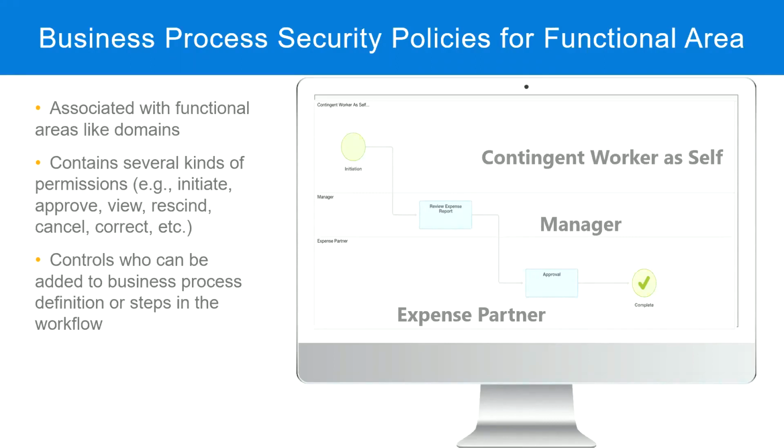So first, we have to go to the security policy and we have to ensure that that security group is allowed to do that step in the business process definition. Okay. It's a very, very common mistake. Even senior consultants sometimes miss this part, that in the business process security policy you also have to enable the security group that will be able to perform that particular task. Right.